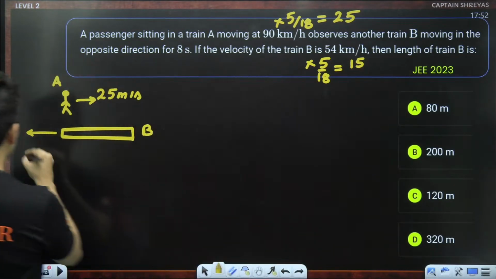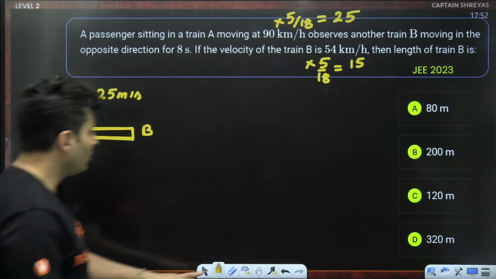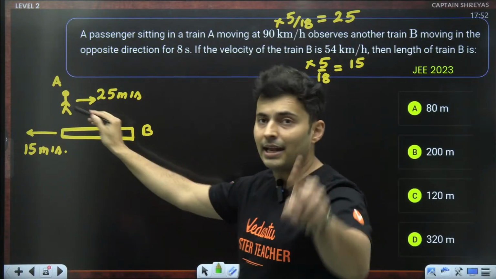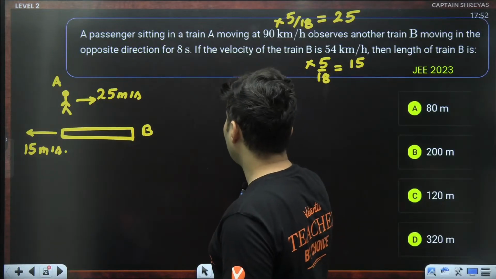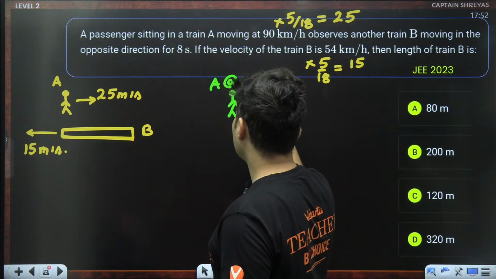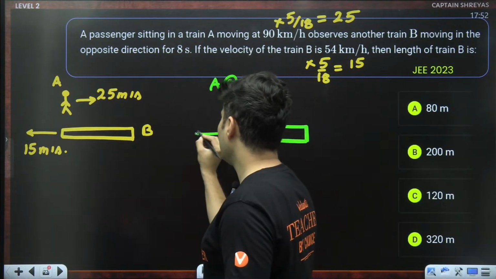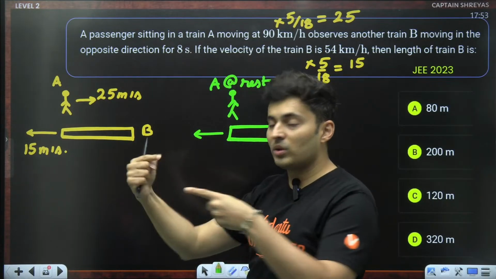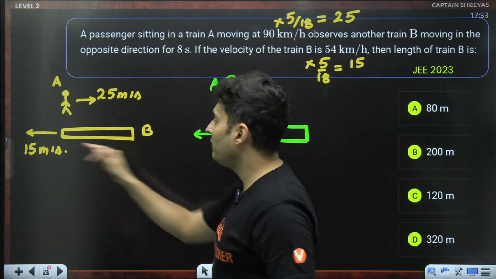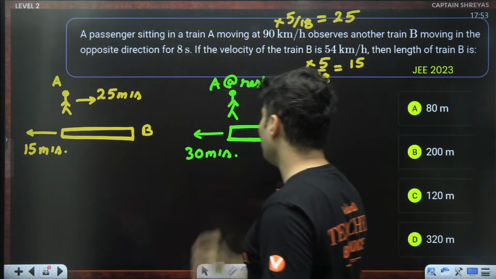If you make yourself observer A at rest, what will you see the train doing? Relative speed: the trains are moving in opposite directions, and opposite means add the speeds. So 25 and 15 will make it 30, so he will see the train going at 30 meters per second.